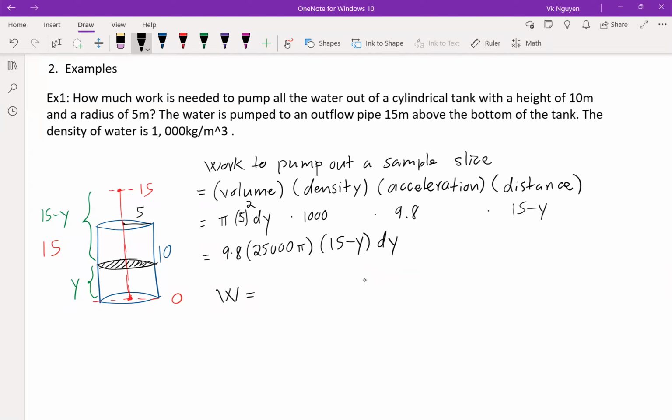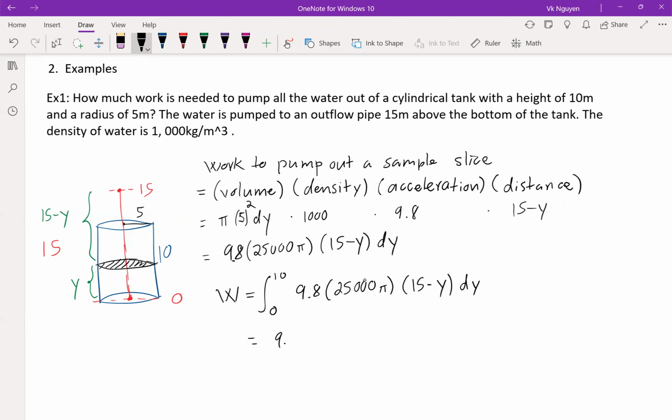Then the work to pump out all the water is going to be, well, we're going to pump out all the slices from 0 up to 10 because the cylinder has a height of 10 meters. Integral from 0 to 10 of the work to pump out a sample slice, 9.8 times 25,000 pi times 15 minus y dy.